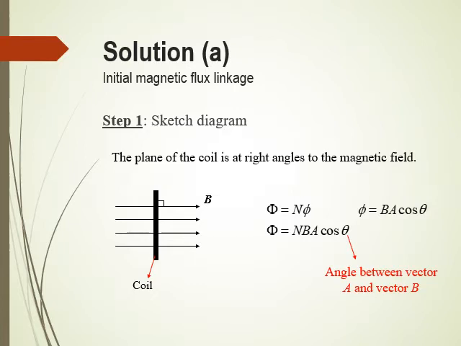It is the vector that is perpendicular to the coil. So this is vector A in our question. If you draw it out, it is easier to see the angle between vector A and vector B. In this question, the angle between vector A and B is 0 degrees.